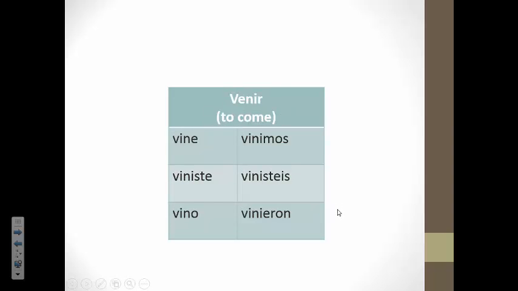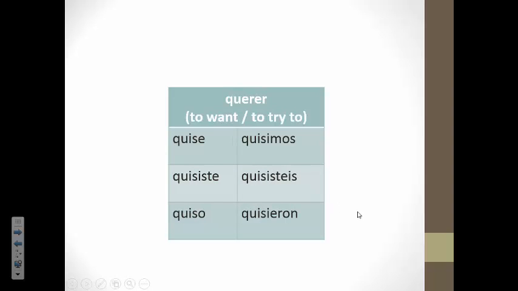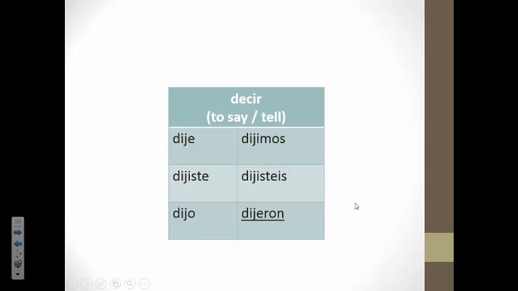Venir, its conjugation is vine, viniste, vino, vinimos, vinieron. Querer: quise, quisiste, quiso, quisimos, quisieron. Decir: dije, dijiste, dijo, dijimos, dijeron. Notice, again, I underlined this for you. Decir is irregular on top of being irregular.